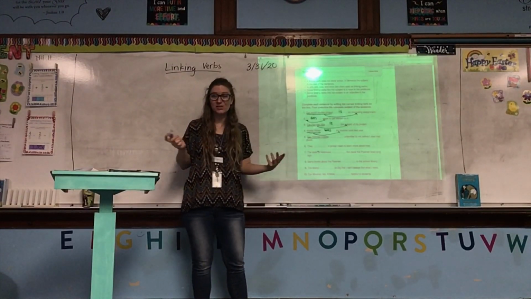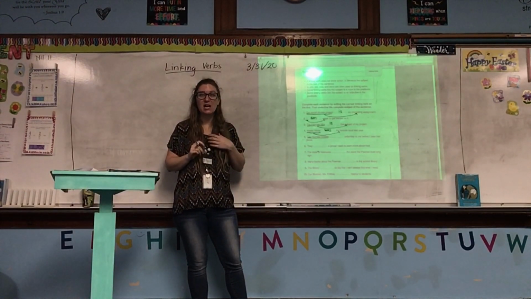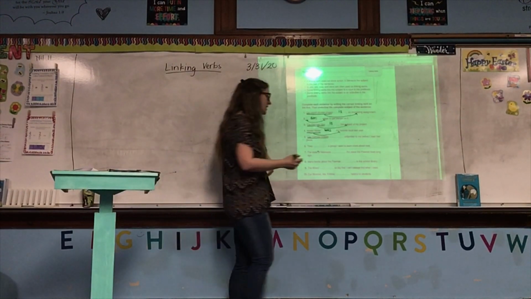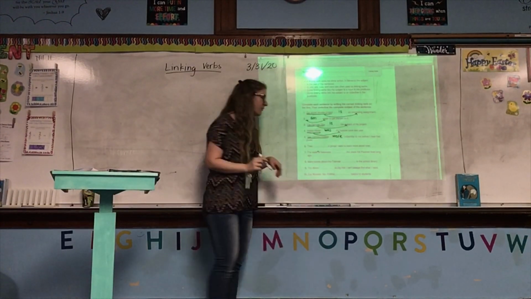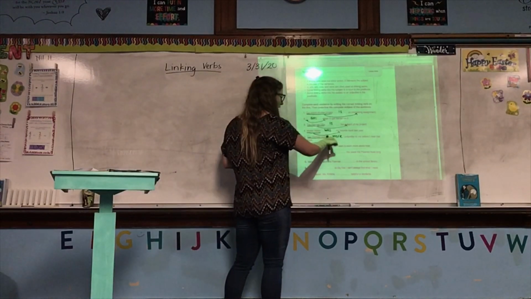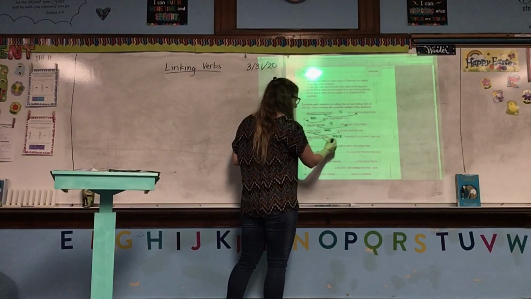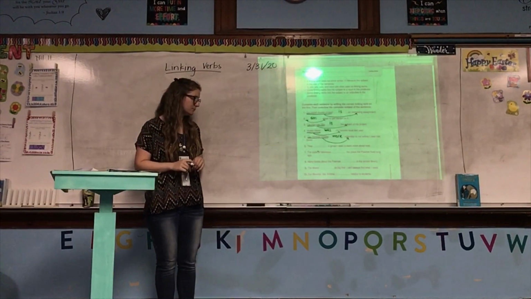So we have to choose was or were. The Pawnee Indians is plural. We're talking about more than one. So we would say the Pawnee Indians were unfamiliar to me before I read that book. The linking verb were links the Pawnee Indians with the adjective unfamiliar.